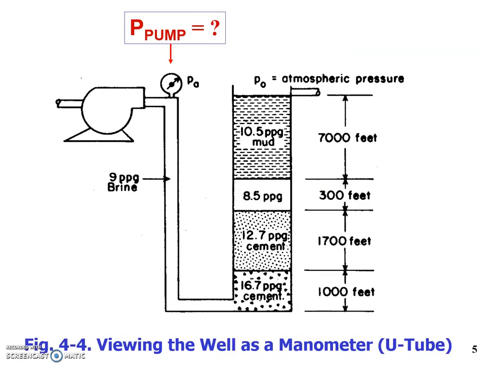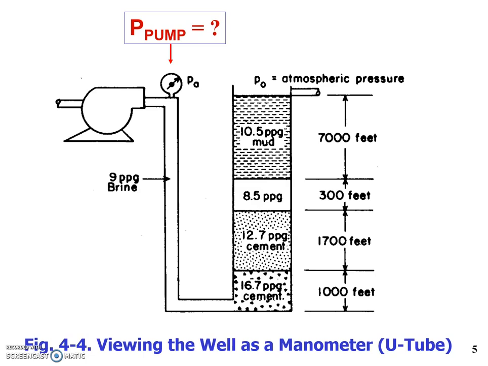So we want to calculate the pump pressure, which is here at the surface, let's say, and then you have all these columns of fluids with different densities. This is called a manometer, which you'll learn about in thermodynamics, but in general this is how a manometer looks, a U-tube shape type of pipe.